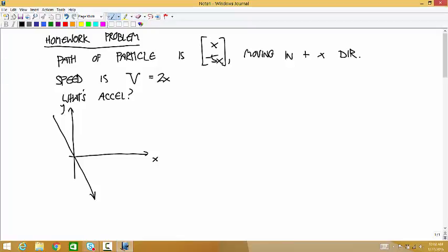We've done a bunch of problems where you use the chain rule to go from the velocity vector to the acceleration if you have the velocity vector expressed as a function of position, right? We've done that a few times.